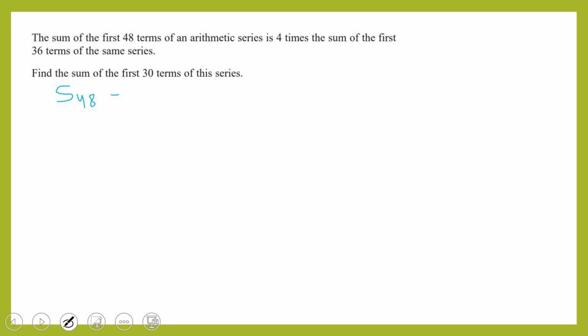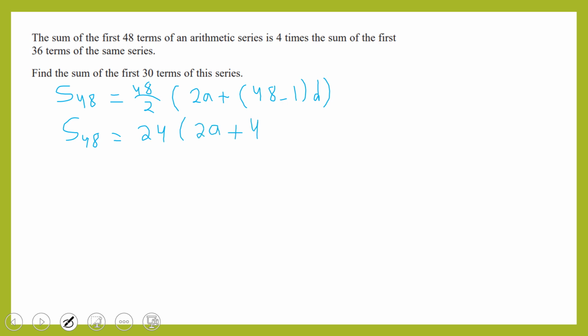Summation of 48 will be 48 over 2 multiplied by 2a plus 48 minus 1 d, and here it will be S48 equals 24 multiplied by 2a plus 47d. So this is S of 48. Let's find S of 36, then we relate them together.